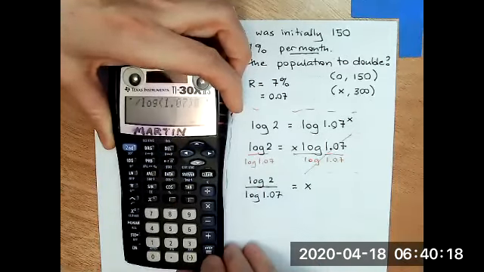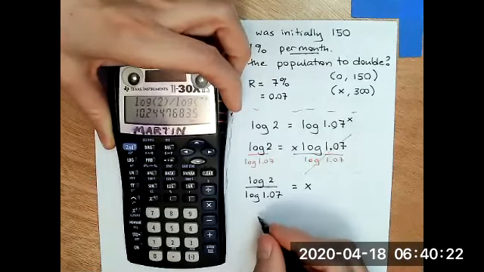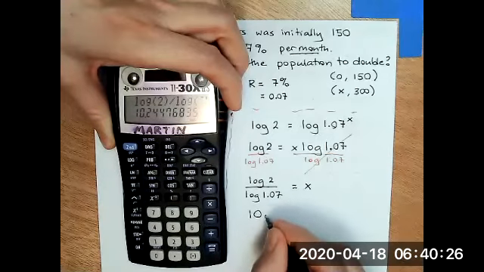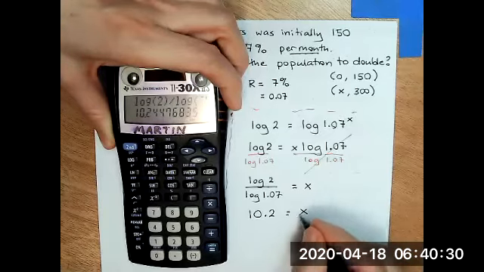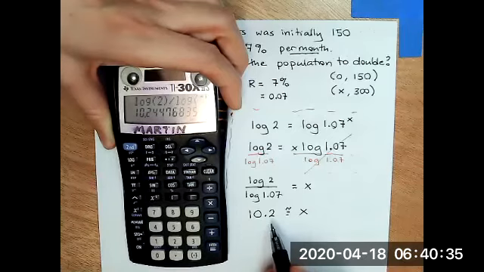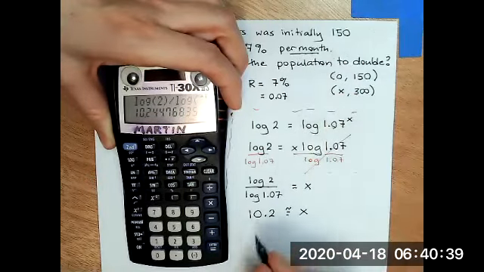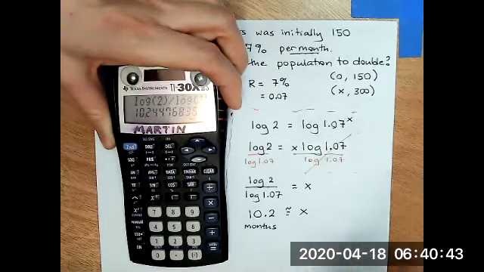Close parentheses. I'm going to round it off to the tenths place. I'm going to use approximately equal since I rounded. And then because this was per month, that is the number of months.